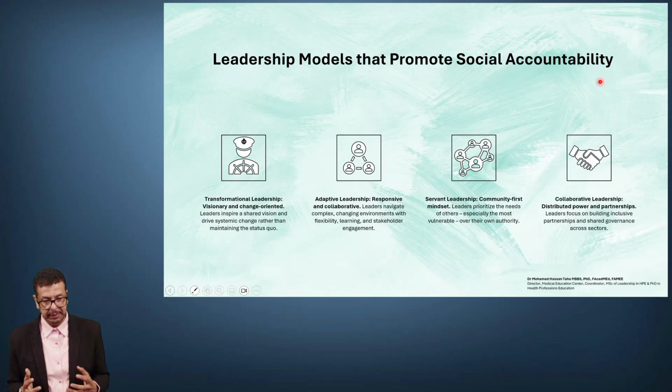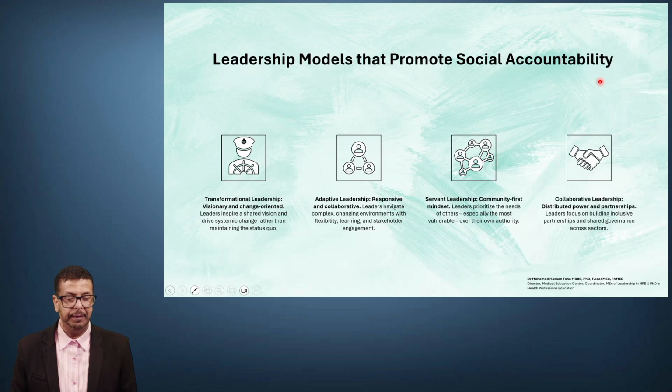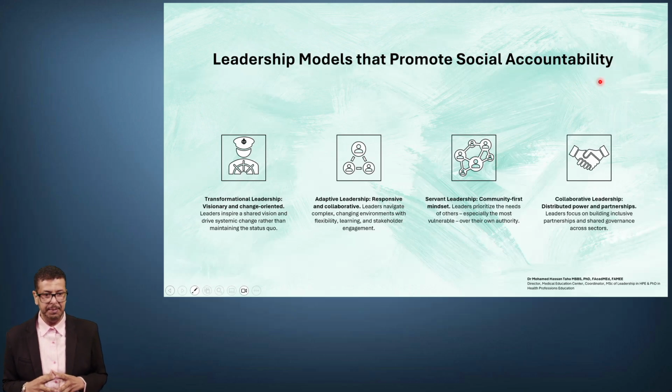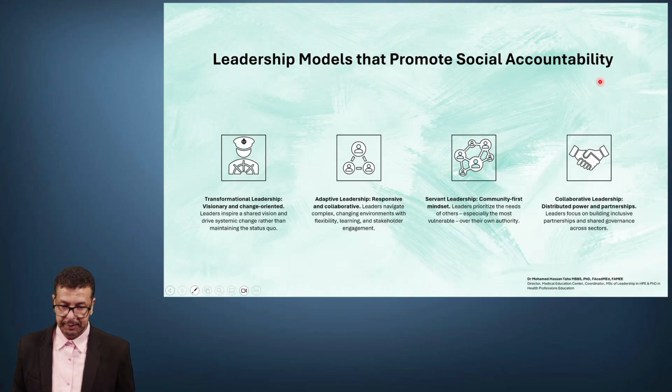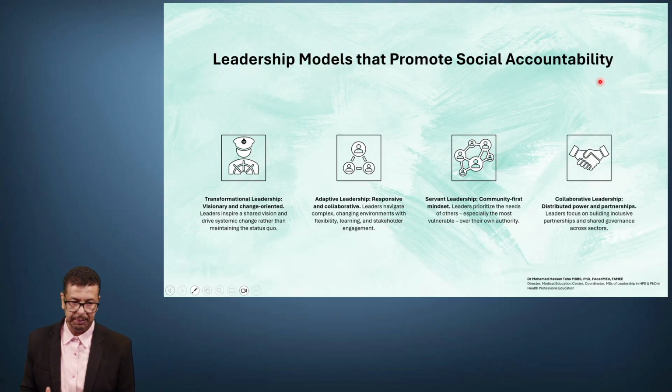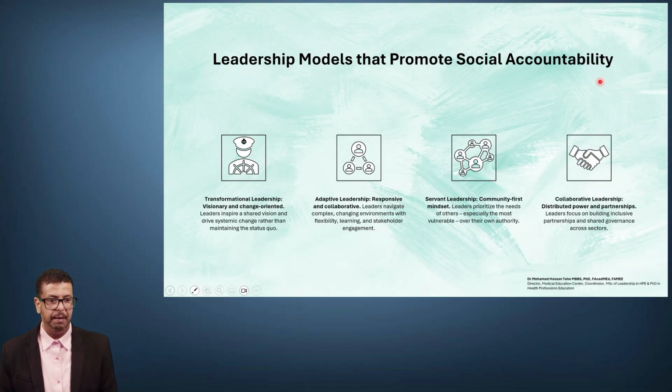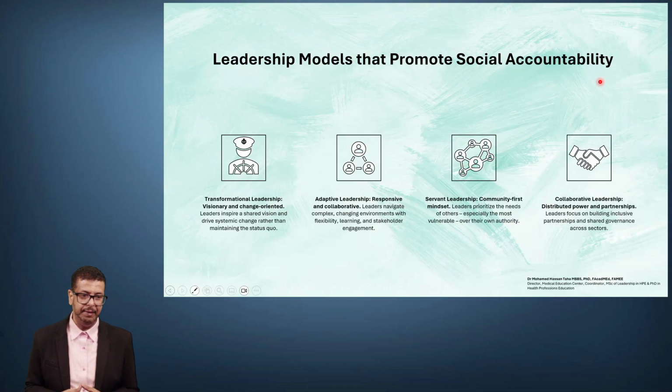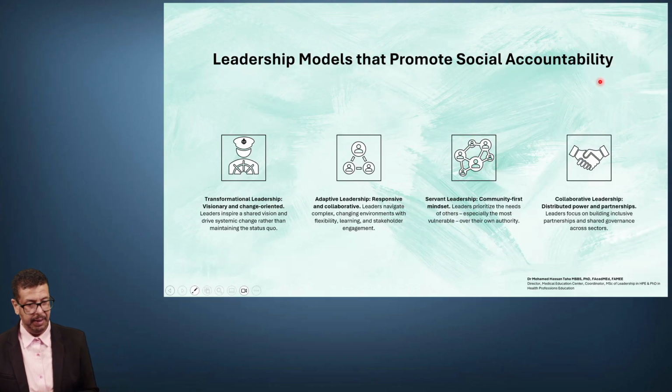Those with these leadership qualities can inspire a shared vision and drive systemic change rather than maintaining the status quo of the organization. Adaptive leadership, a responsive and collaborative approach: these leaders can navigate the complex change environment, and this is very relevant in health professional education and the healthcare system, with flexibility, learning, and stakeholder alignment.